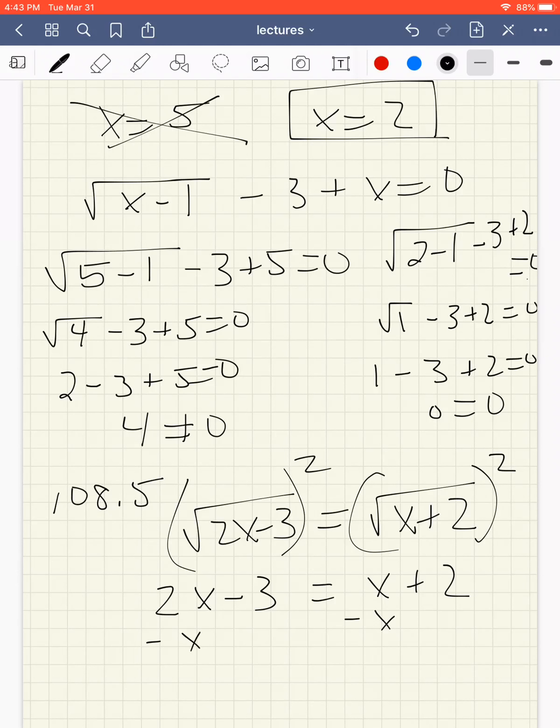Subtract x, add 3, so we get x equals 5. Are we done? No, but almost. Plug in 5 to the original equation. And please don't forget to check this.